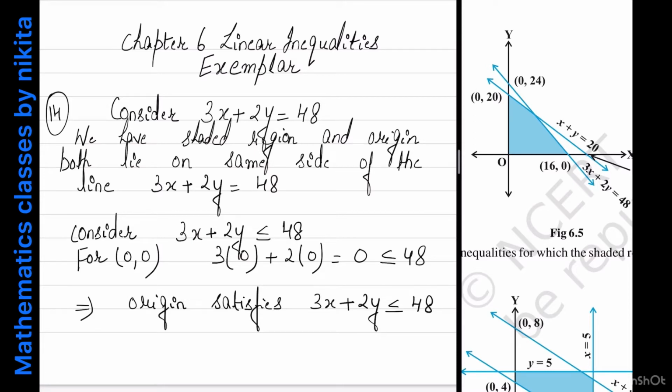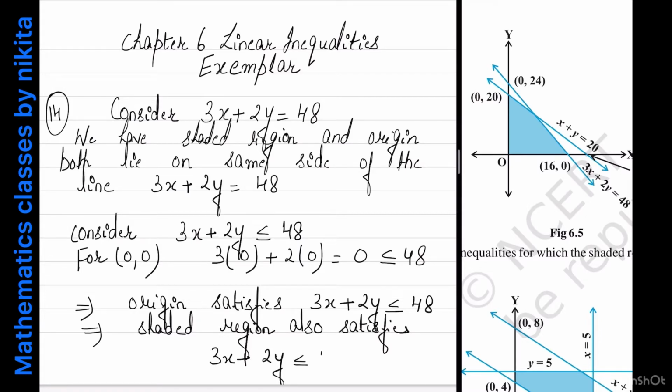But if origin satisfies this, then the shaded region given in the figure will also satisfy it. So this implies that the shaded region also satisfies 3x plus 2y less than or equal to 48.